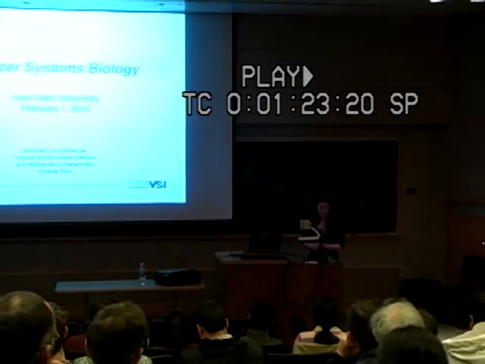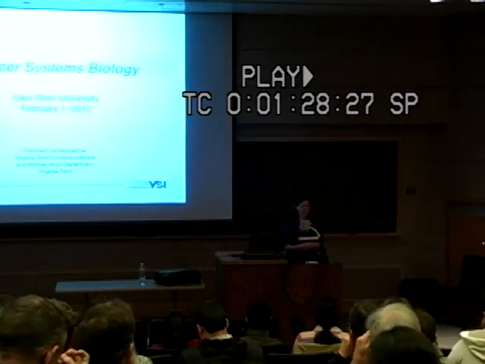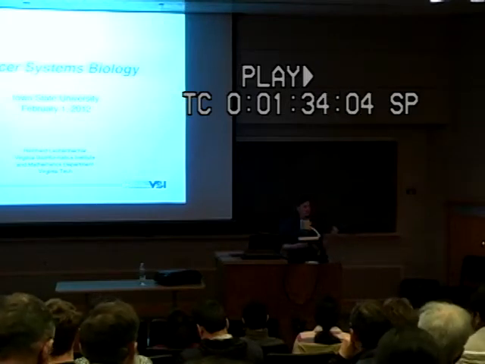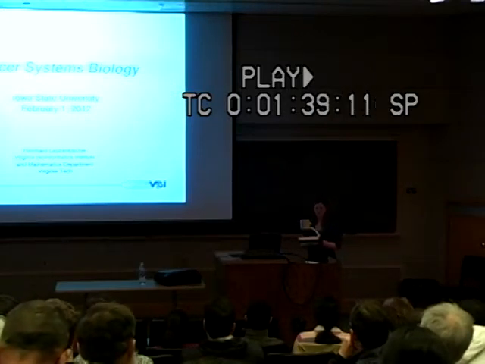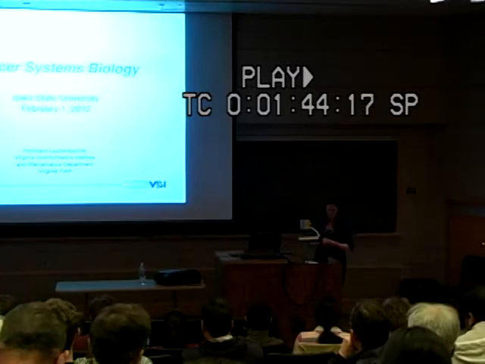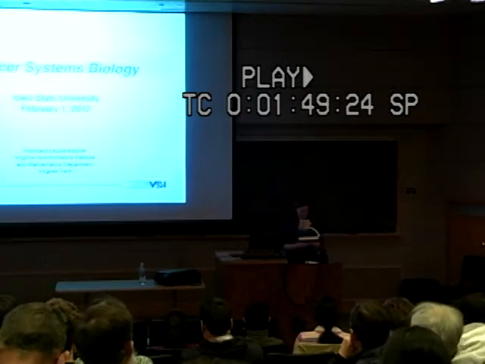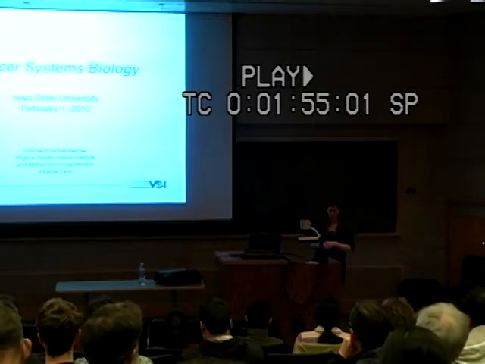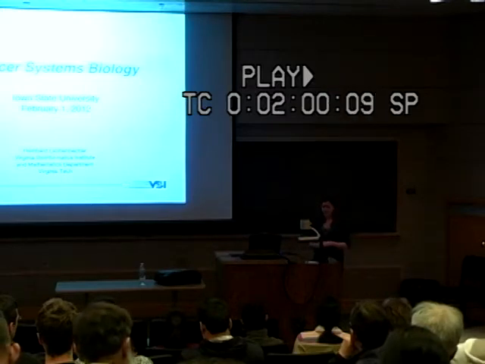Since 2001, he's been a professor at the Virginia Bioinformatics Institute and a professor in the math department at Virginia Tech, in addition to being an adjunct professor in the Department of Cancer Biology at Wake Forest, an affiliate faculty member at the Virginia Tech Wake Forest University School of Biomedical Engineering and Sciences. In addition to all these faculty positions, he is also the Director of Education and Outreach at the Virginia Bioinformatics Institute.